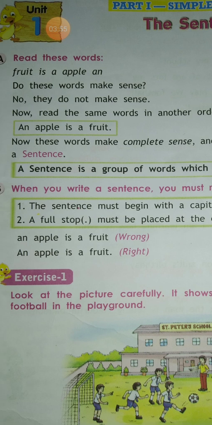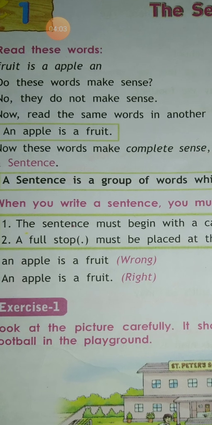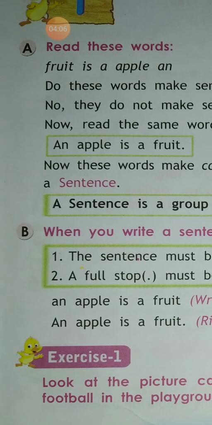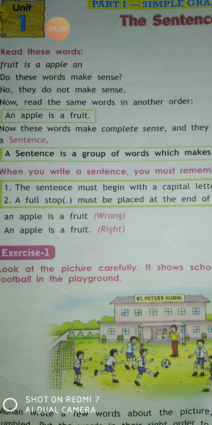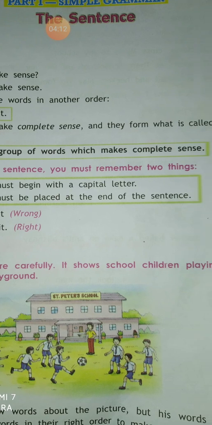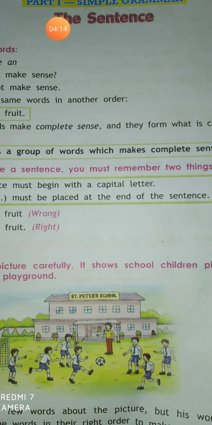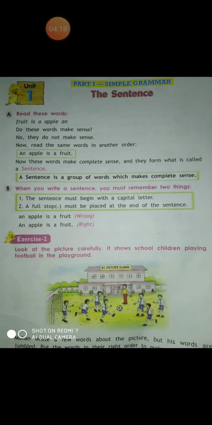So, this means that an apple is a fruit. In a similar way, if you read the above words, did you understand anything? No, you didn't. So now these words make complete sense and they form a sentence. So a sentence is a group of words which makes complete sense.